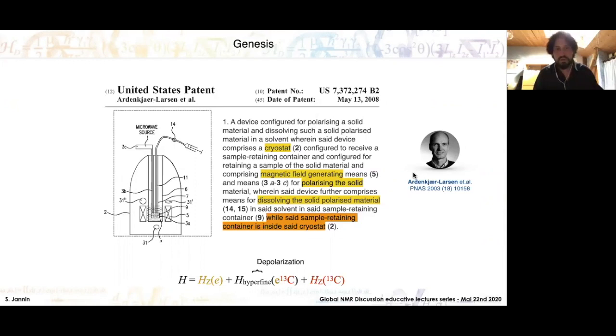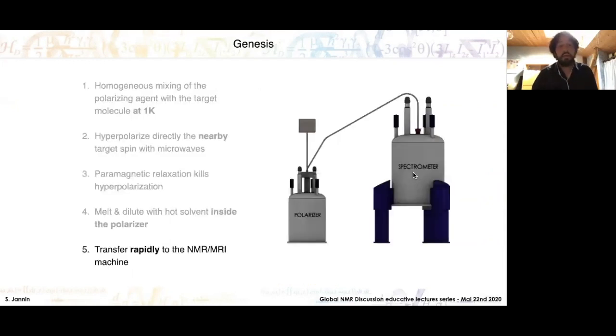If you do that, you can actually preserve a large part of the polarization. And then transfer it rapidly, because then you have a nuclear spin relaxation that is on the order of seconds or tens of seconds in the liquid state. So you have to transfer it rapidly to your NMR spectrometer or your MRI machine.